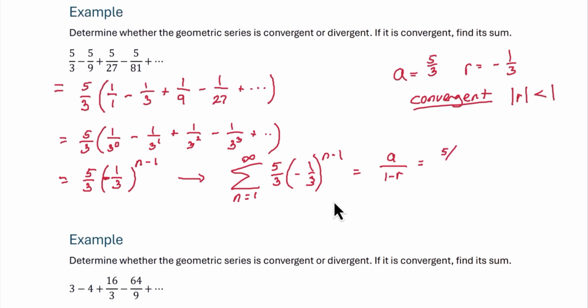A is 5/3 divided by 1 minus negative 1/3. Be very careful with the double negative. It's easy to make a goof there if you're not careful. 5/3 divided by 4/3, and that's going to give us 5/4. So this geometric series converges to 5/4.